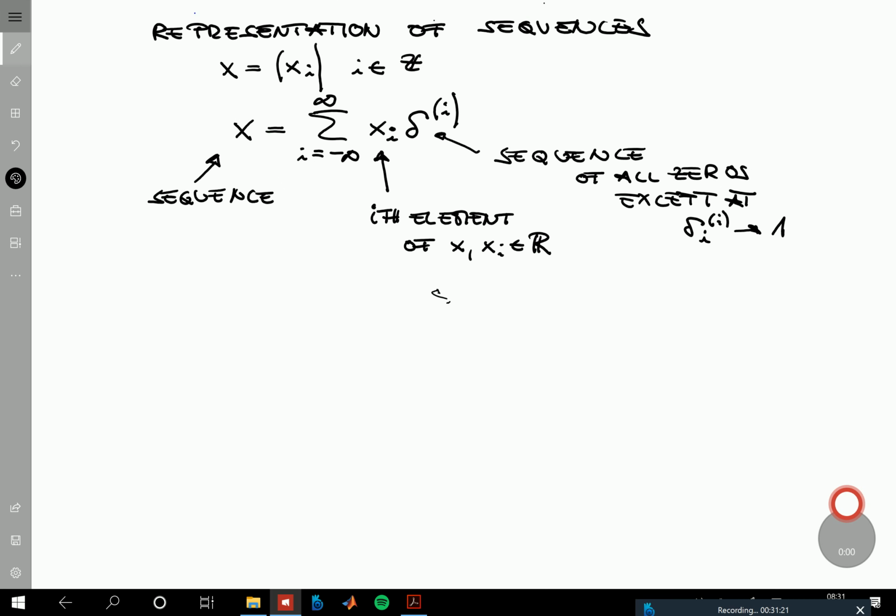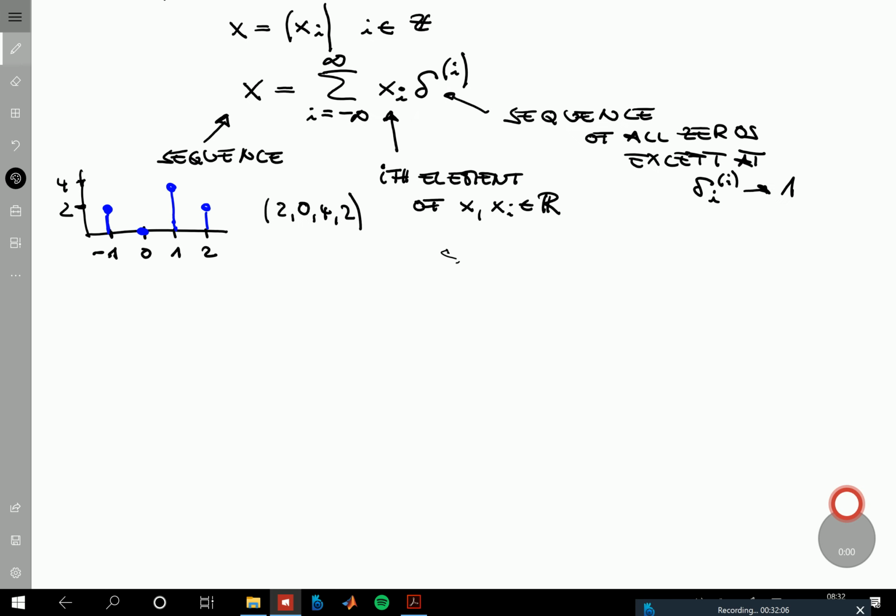So to make this clear with an example, let's use indices -1, 0, 1, and 2. If we have, for example, these elements here, and let's assume that this is 2 and this is 4, so we have the sequence 2, 0, 4, 2.